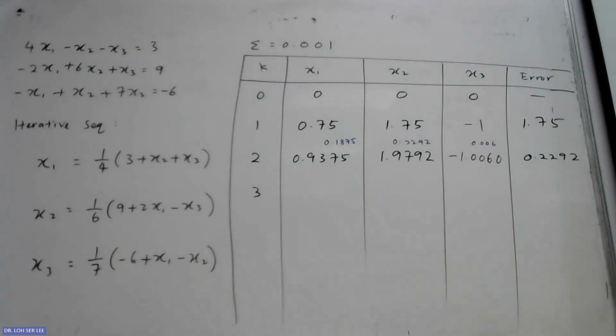One over 7 minus 6. It's negative 0.993. Minus 0.938.